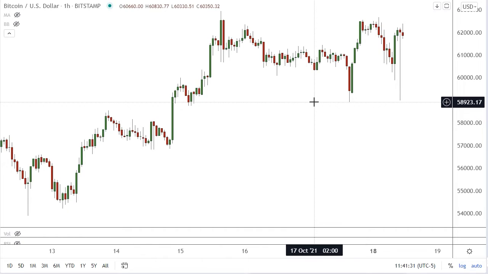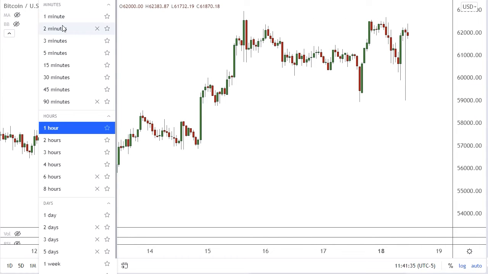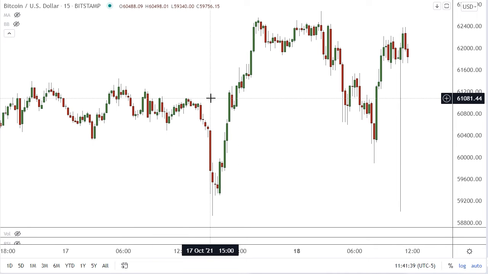So you've got daily, hourly, and all these different kinds of minute charts. We could look at a 15-minute chart, which shows us what the price action was for that 15-minute period. There are going to be 4 of those 15-minute periods that create the hourly chart.